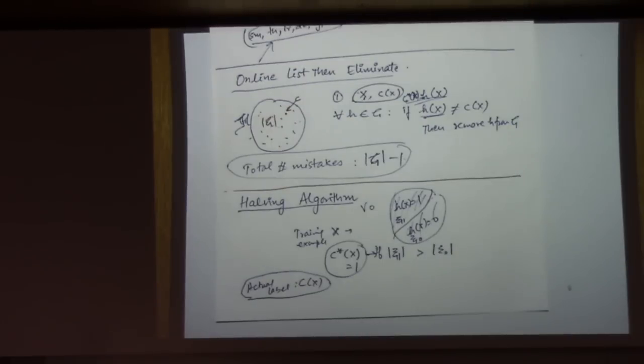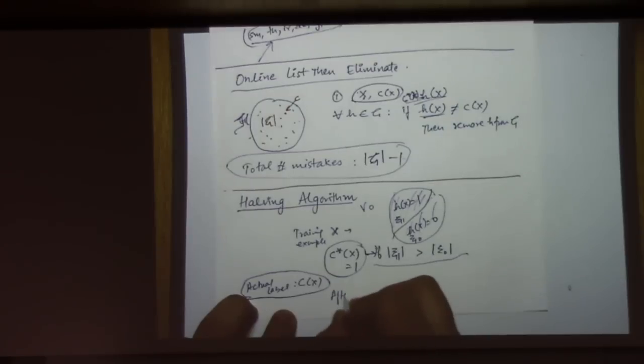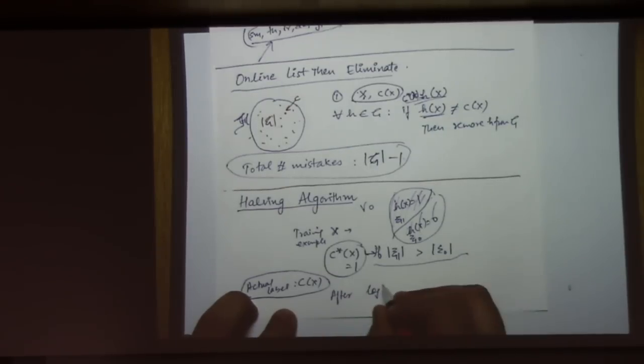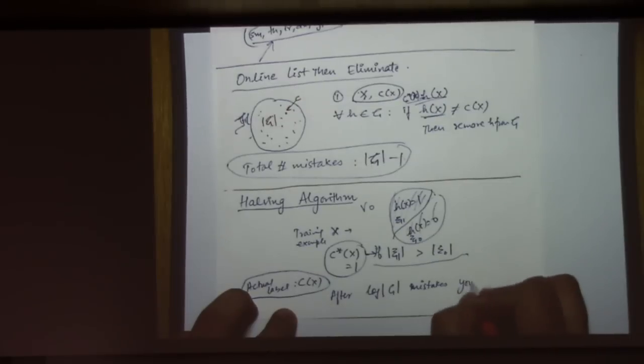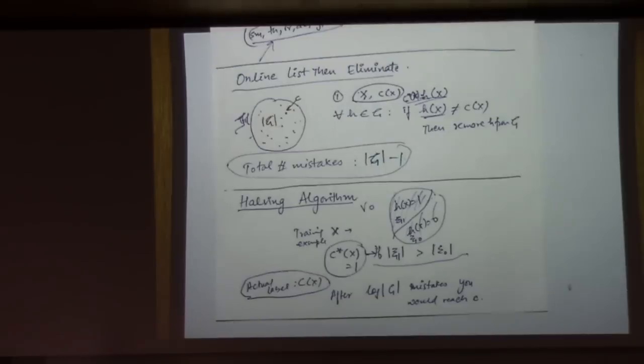So at every mistake, you are tossing out at least half, and more, because of this decision, which means that after log of C mistakes, and actually it could be less than that, you would reach your target concept. So that's the basic proof, but you can mathematically also prove that. Any questions so far? All right.